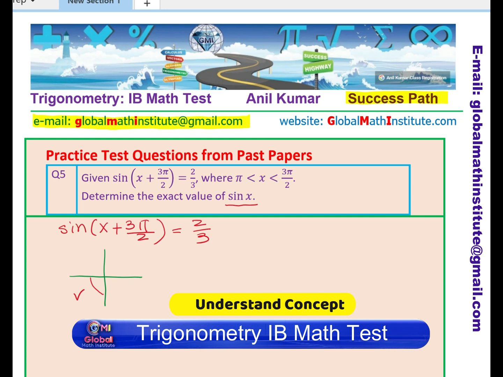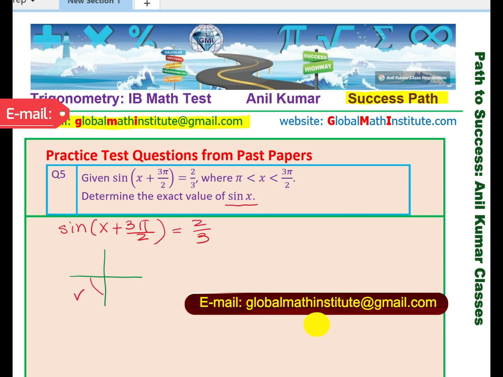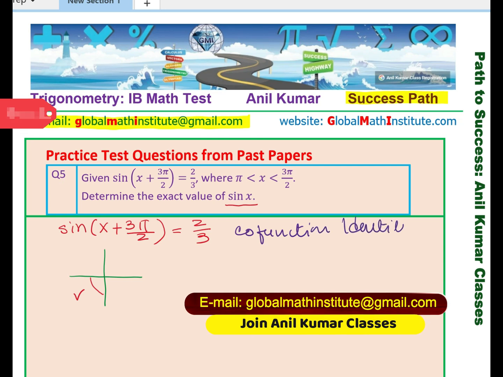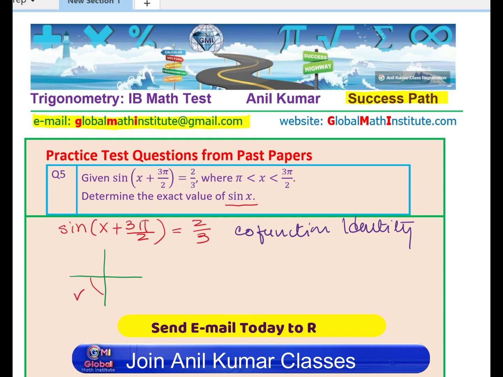We could expand and simplify, but I would like you to look into a modified cofunction identity. That would be great, right? So we'll actually apply the cofunction identity. As we know, sine of x plus 3 pi by 2 is positive 2 by 3, which is given here.